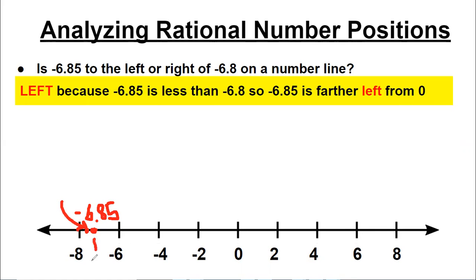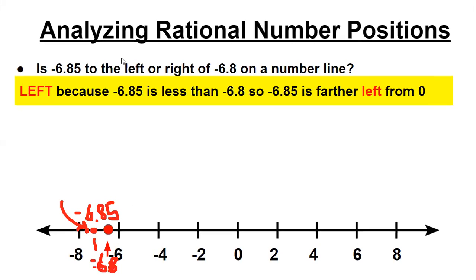This one here is negative 6.8. So it's going to be to the left of negative 6.8. Oh, and there's my decimal point. There's negative 6.8 and there's negative 6.85. I mean, it's not exactly right because I had a little bit of space only to work in.